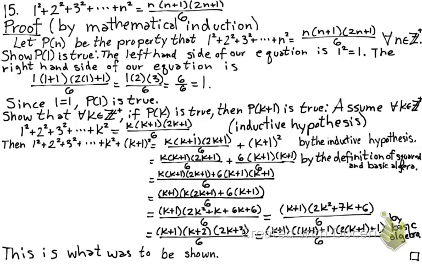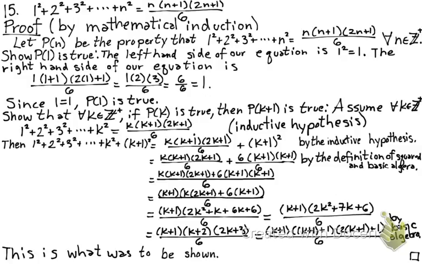I'd like you to try to do at least 2 mathematical induction proofs. And in the next class, we will do 2 proofs of the sum of the geometric sequence. So that will cover 6 through 11. And then we'll also try more mathematical induction proofs. Okay, are there any questions?